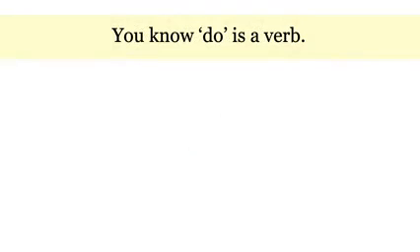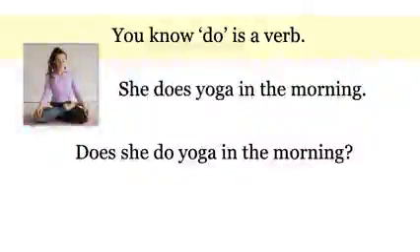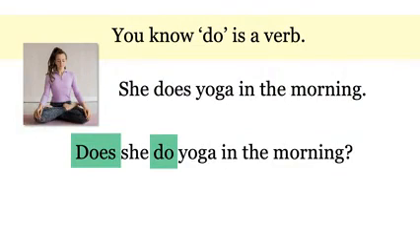Okay, you know do is a verb. Here's a sentence. She does yoga in the morning. Does here is the main verb. We say do yoga. Let's make this a question. Does she do yoga in the morning? Okay, now we have does and do. And does is used to ask the question, and do is the main verb for yoga.